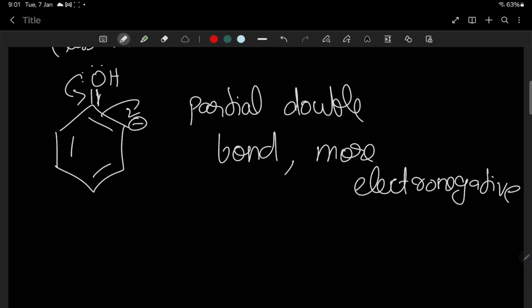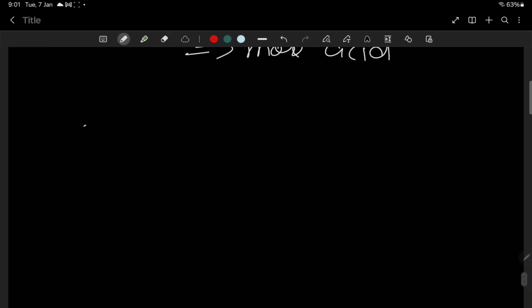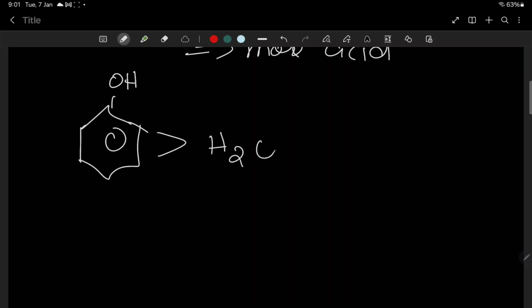If more electronegative, that means what? More acidic. That is the reason why. Due to this resonance and more electronegativity, phenol is more acidic compared to water.